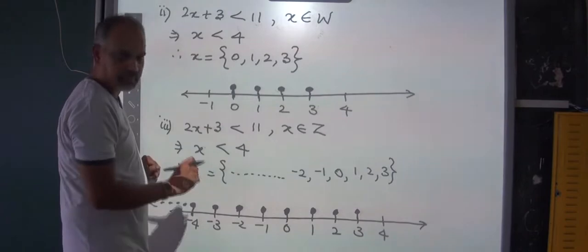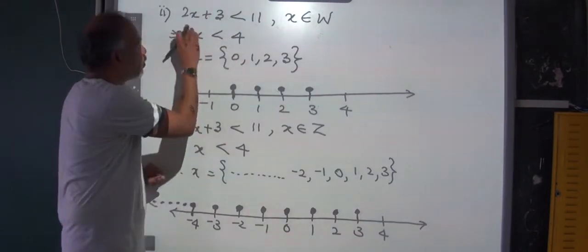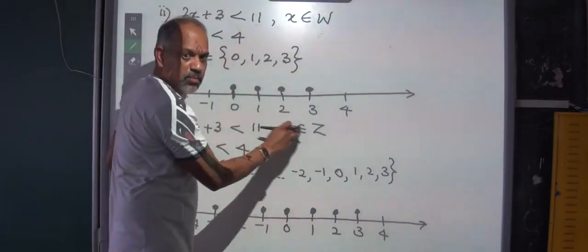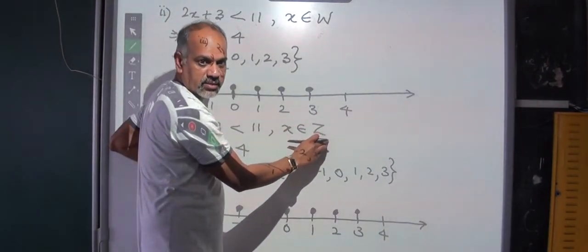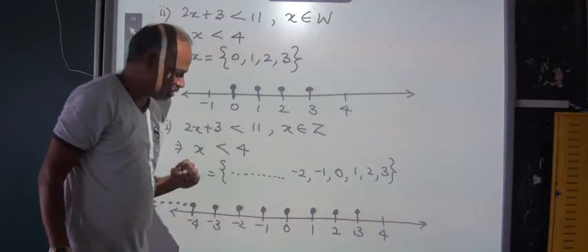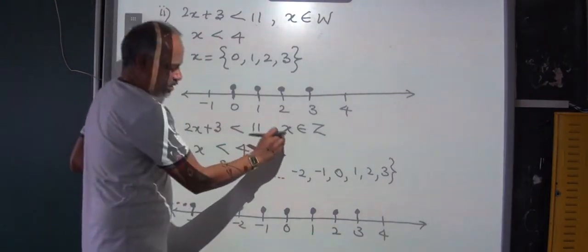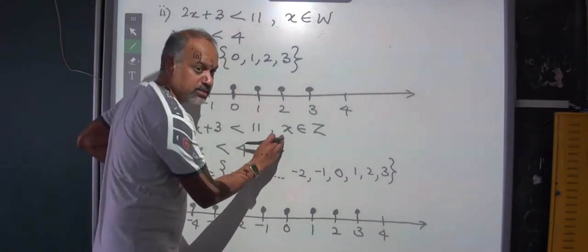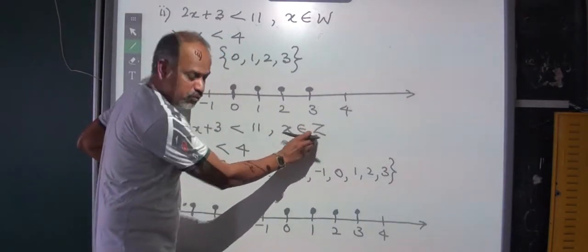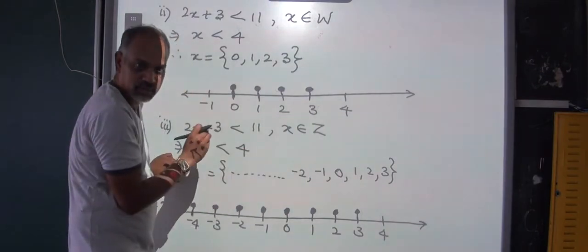Next one is the same example. 2x plus 3 is less than 11, but x now belongs to integers. The solution is the same: x is less than 4. Now x is less than 4 and x should belong to integers, so you are looking for integers which are less than 4.